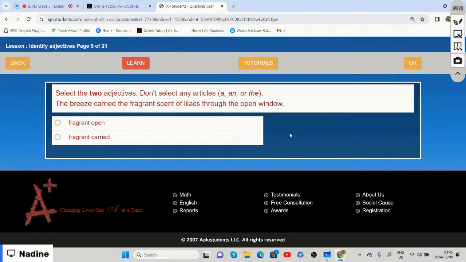All right, and if we select the two adjectives, right, then we can say the breeze carried the fragrant scent of lilac through the open window.